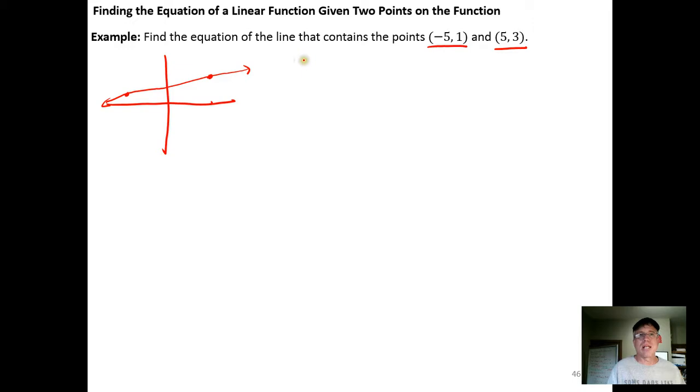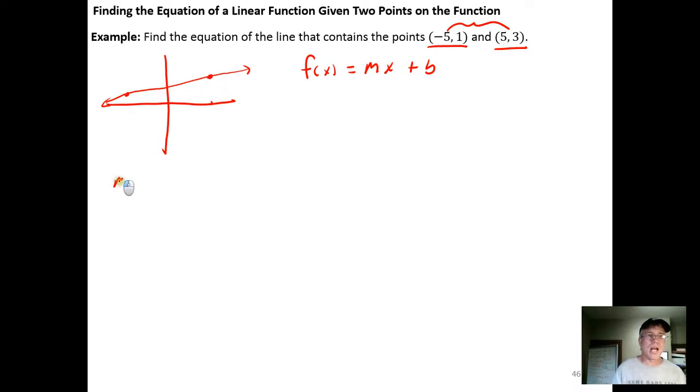The idea is that we know that a linear function in slope-intercept form has the form f of x equals mx plus b. And in a previous video, we went over how to calculate the slope of the line. We know it's just rise over run.